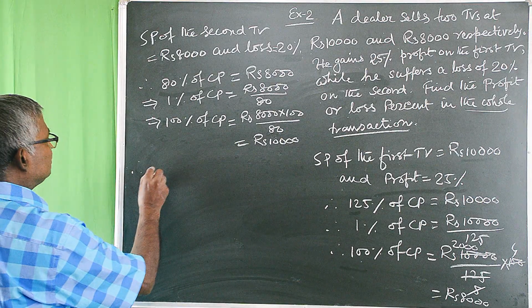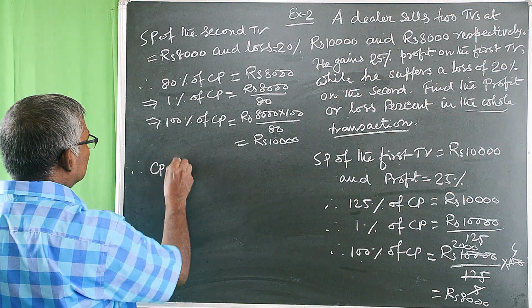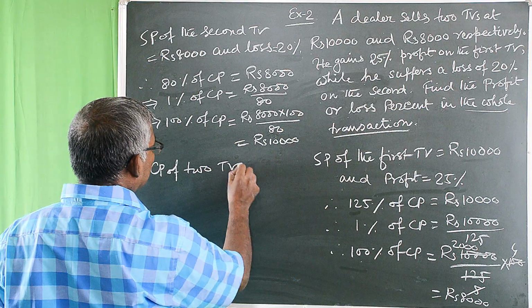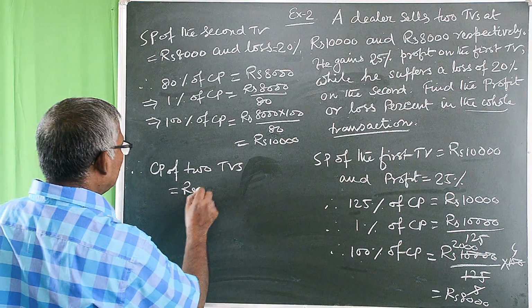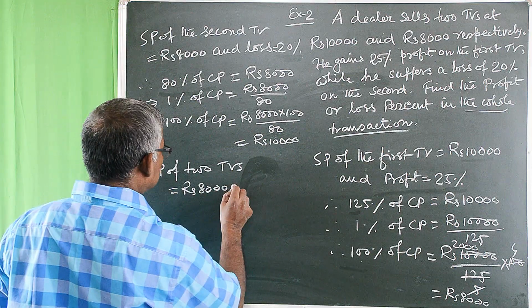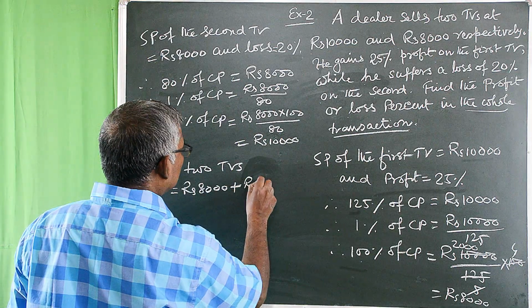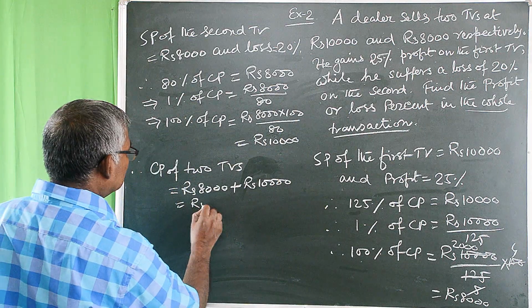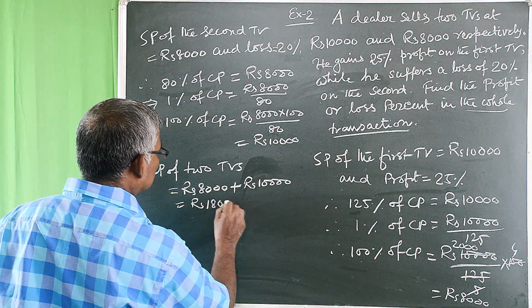Therefore, the cost price of two TVs equals rupees 8,000 plus rupees 10,000, that is rupees 18,000.